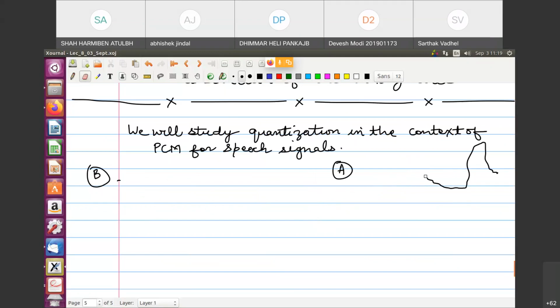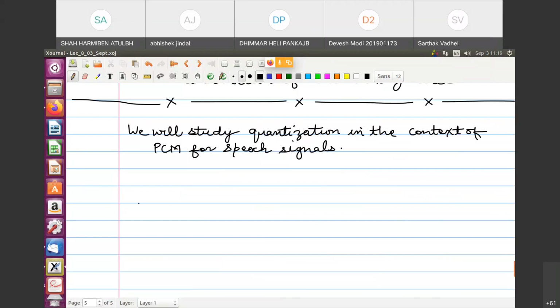So I have drawn this to highlight the inter-user difference, and within a user the difference of the amplitude levels when the emotion is high or it is normal, or maybe it is happy, sad, whatever.